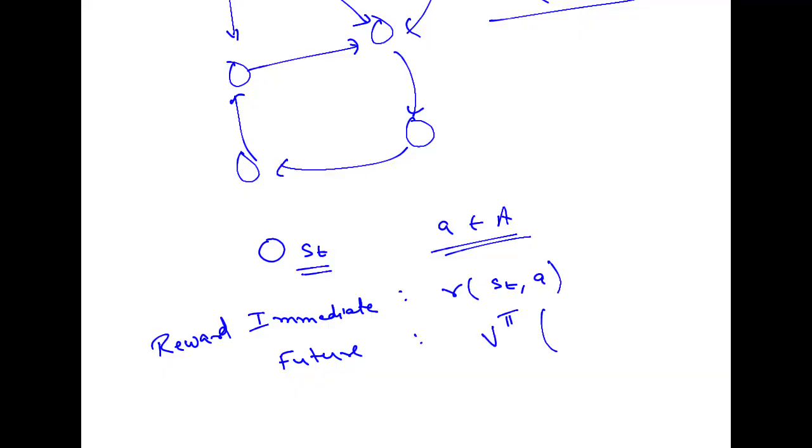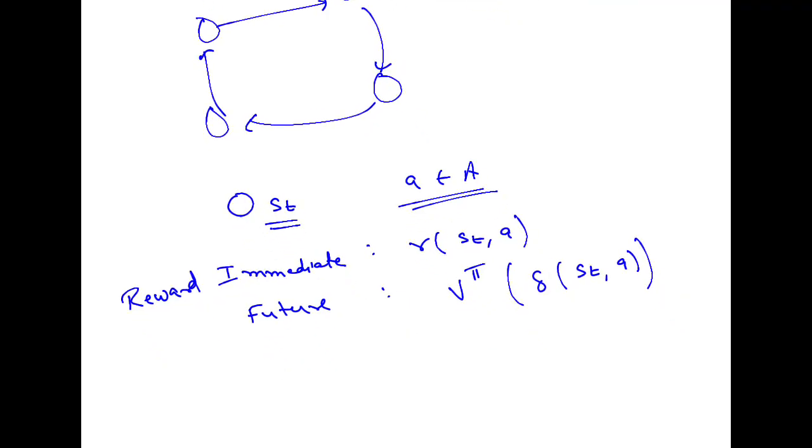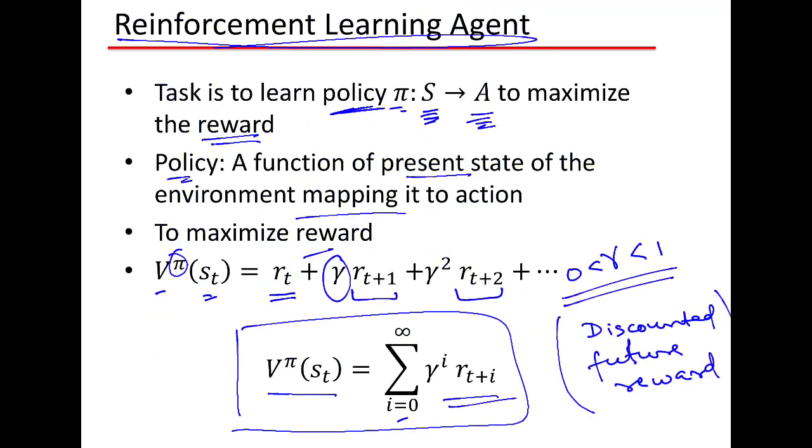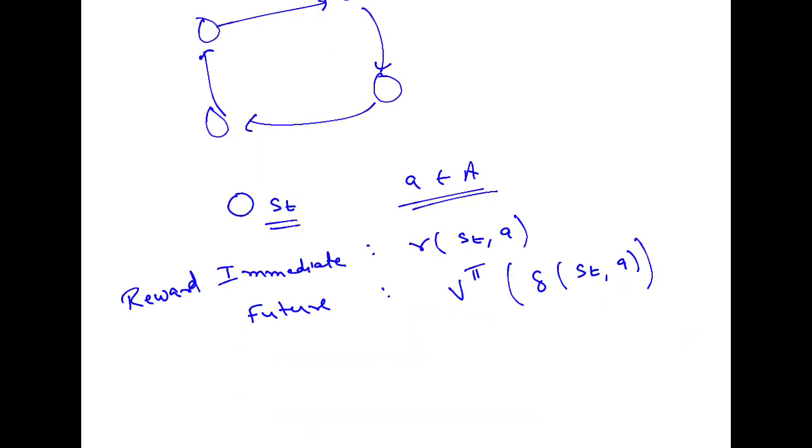What is going to be the next state? Delta of s_t comma a. That is telling me the next state. No, wait, that is not my future reward. Gamma times this would be the future reward, because it is discounted by gamma.